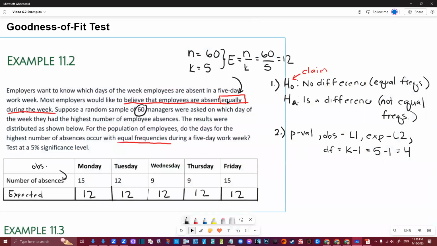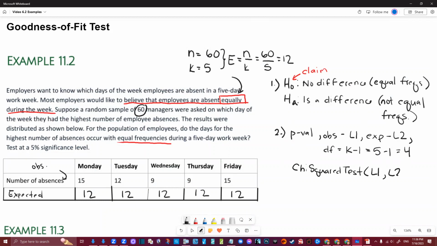So on GeoGebra, I'm going to write chi-square test, and then observed frequencies, expected frequencies.